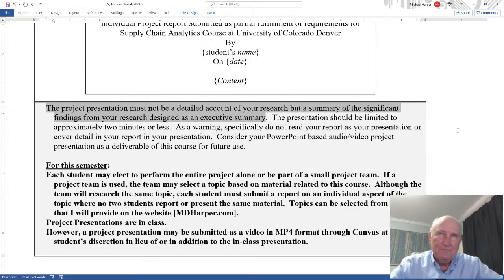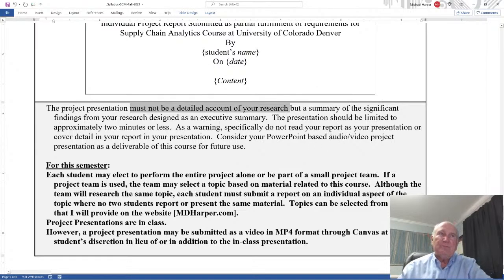It is, but this report is a business report because you're in a business school, so you're doing it as if you are reporting in a business environment, as an executive summary. It must not be a detailed account of your research. When people start listing everything they did, I'll count off, and you're not going to get that 20%.